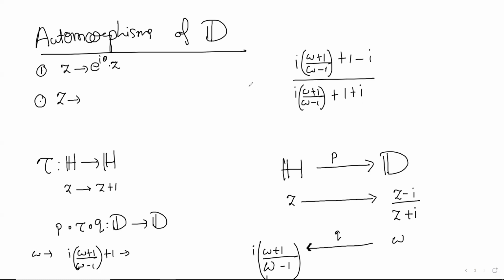Right, so we can simplify this. I omega plus I plus omega minus 1 minus I omega plus I. I hope it is correct.